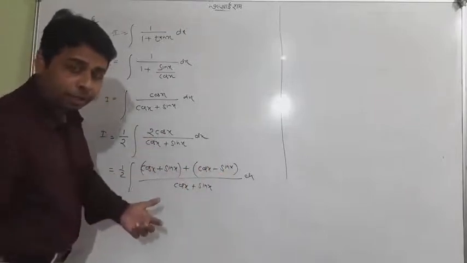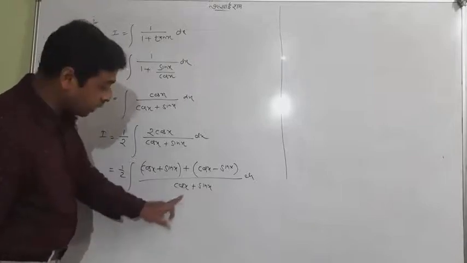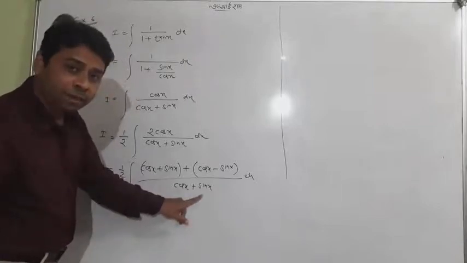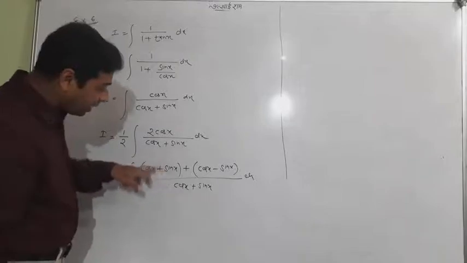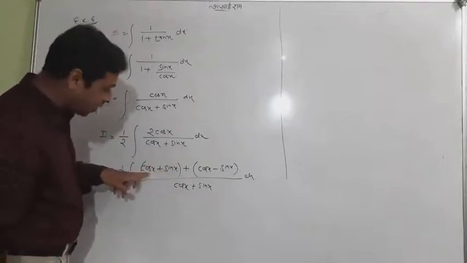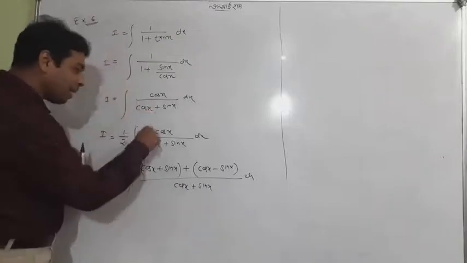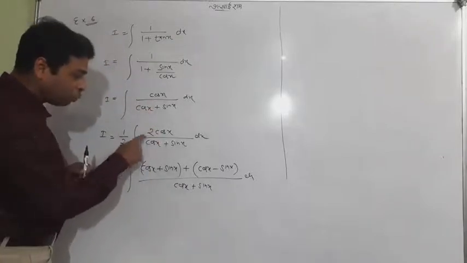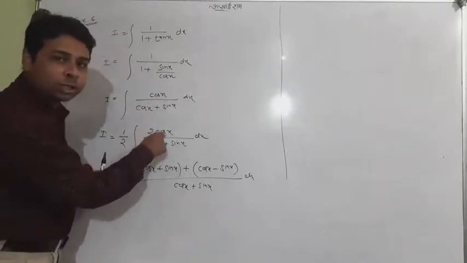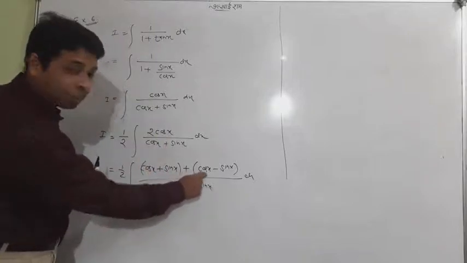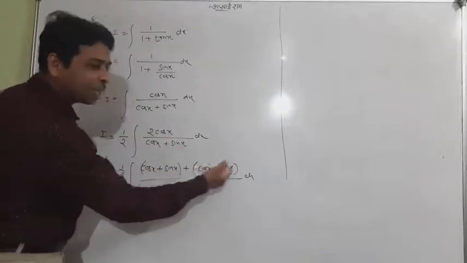You have a balanced thing. Why did I do so? Because in the denominator we already have sine and cos. So I created sin x from my side, so that I multiply and divide by 2, so it could make 2 cos x, so that I could write cos plus cos and include sin plus sin and minus sin.